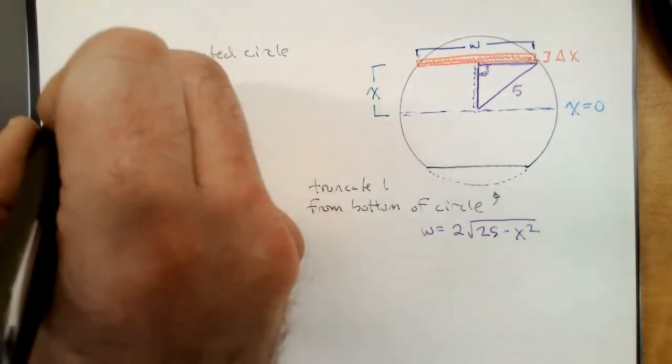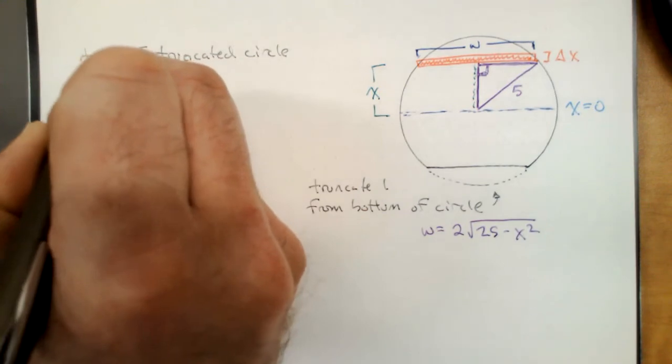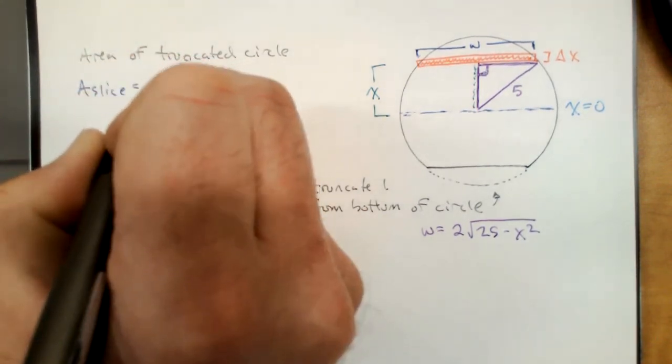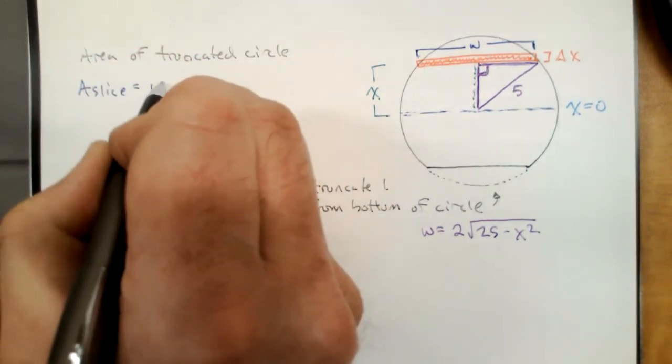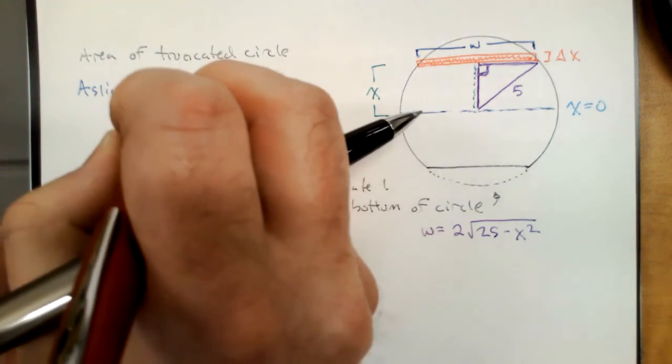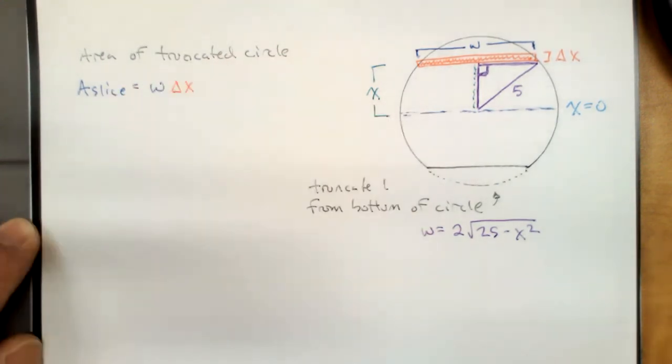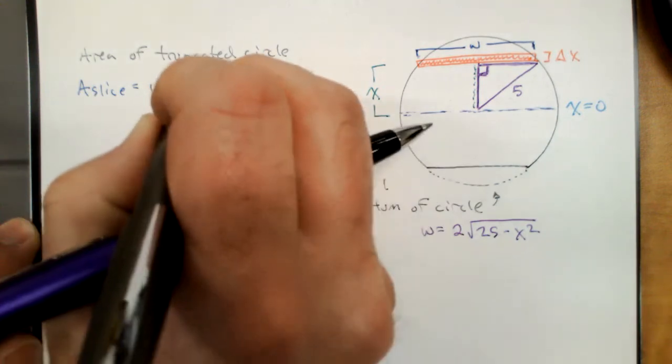So the area of my slice hasn't changed. I still want W times delta X. And my width is still 2 square roots 25 minus X squared.